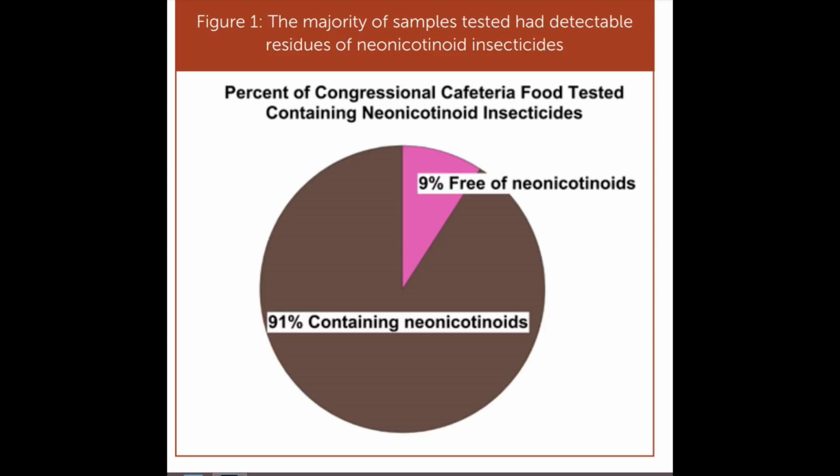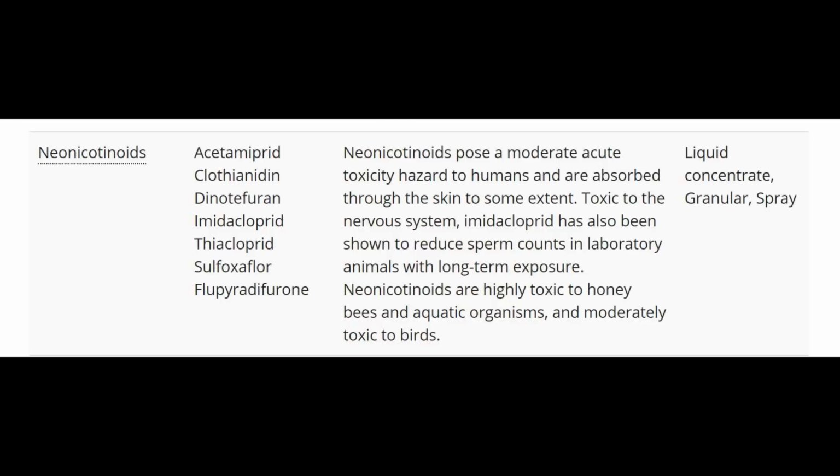Many times the seed is actually treated with the neonicotinoid, and this will protect the plant from insects for the life of the plant, from the seedling stage all the way to harvest. That pesticide is inside the plant tissue, and as we can see, this study showed that there are still residues of the neonicotinoids when they get to the table.